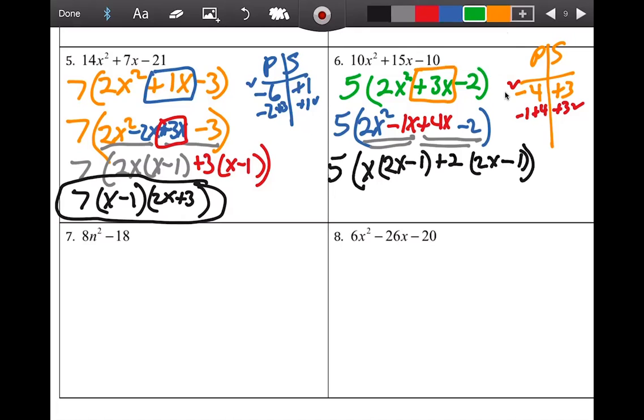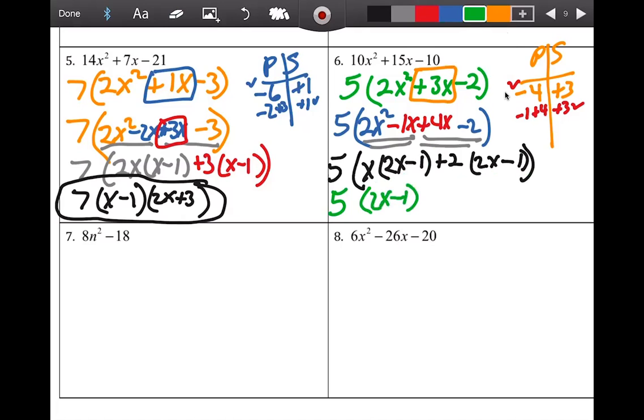Yeah. Good. Okay, so now here's a plus in the middle of the 2 groups. Is there a GCF in this group and in this group? Do they have something in common? Yeah, they both have 2x. More than that. 2x minus 1. Yeah, they both have that set of parentheses.